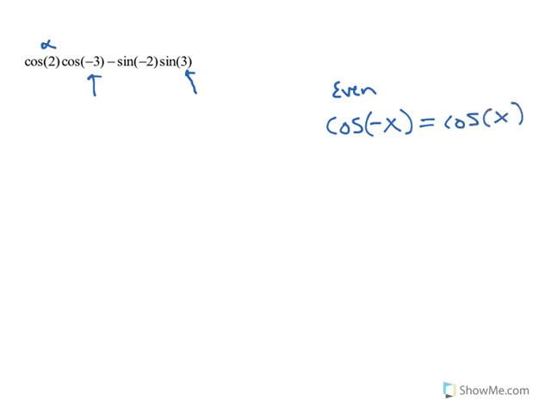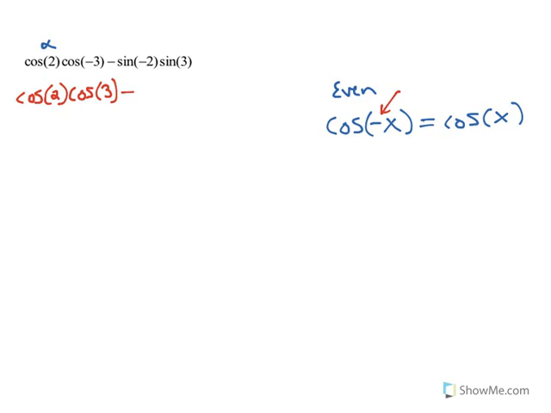So essentially for cosine, if you see a negative, you can just get rid of it. So we'll call this cosine of 3. We can rewrite this: cosine 2, we'll leave the 2 the way it is, but cosine of the negative 3, we'll just rewrite as cosine of 3.